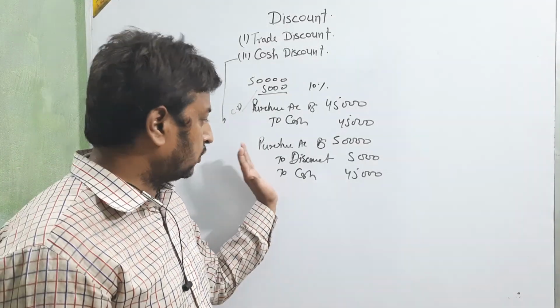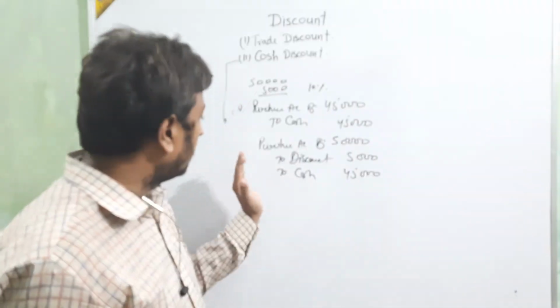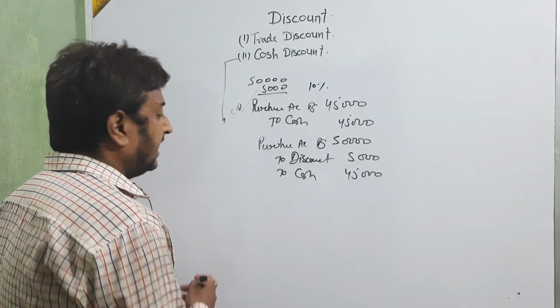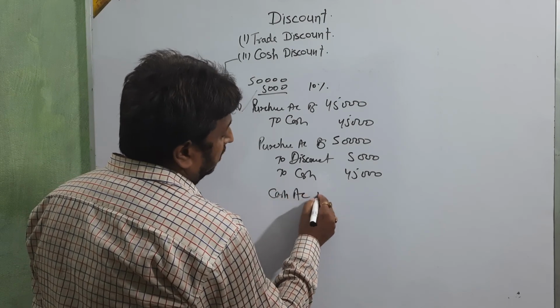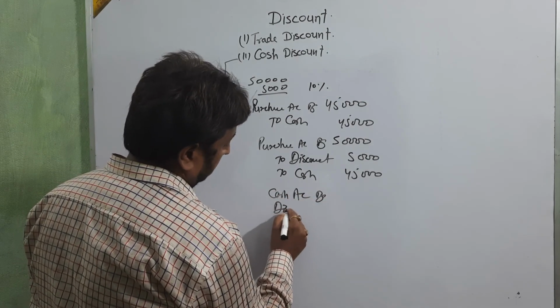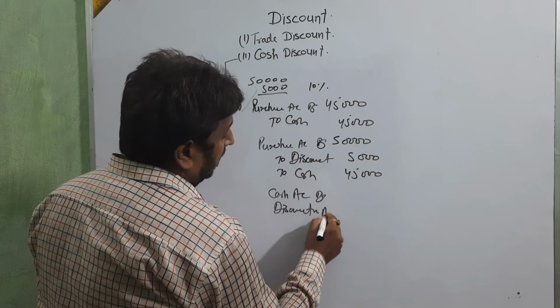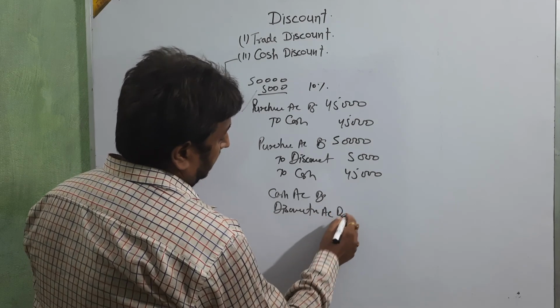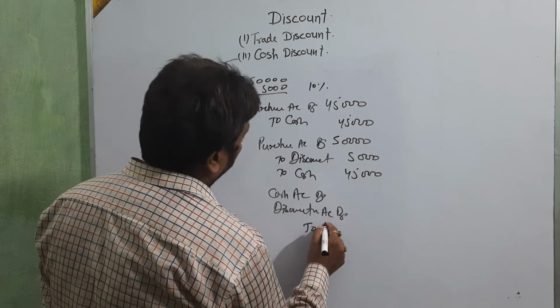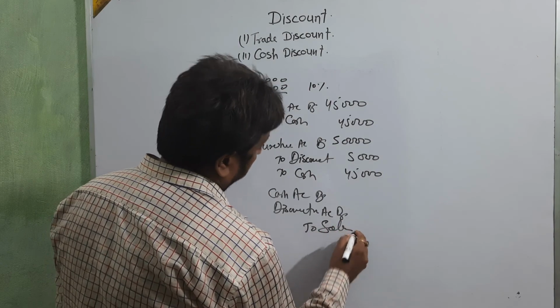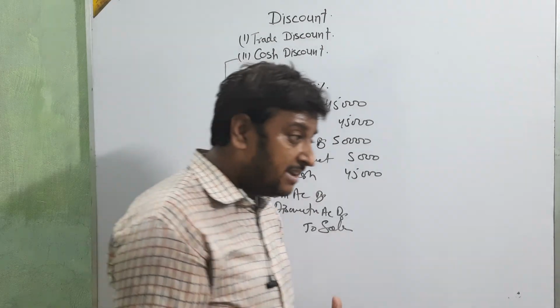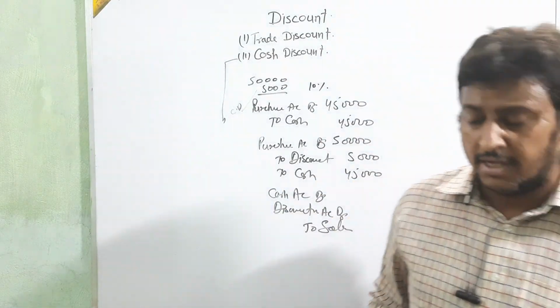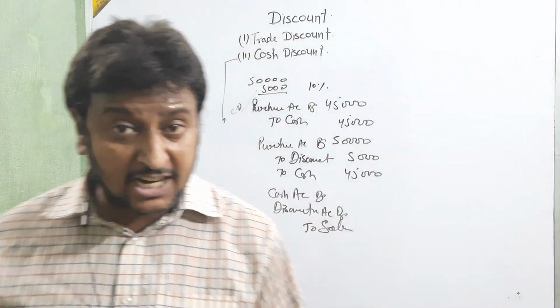Clear? How to show that discount? Just the opposite, if it is a sale, then you are receiving cash, so cash account debit, discount account debit to sale. Actually, when we receive the discount, it is our income, so we credit that account.